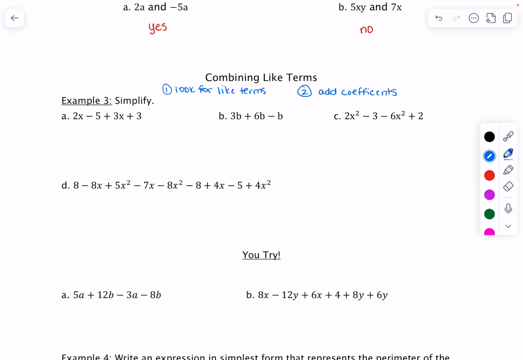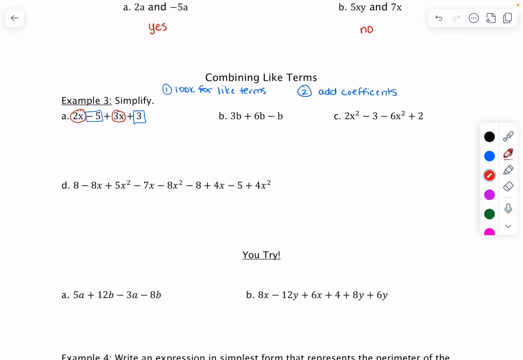So for step one, I'm going to look for my like terms, and I like to use shapes or colors for this. So my like terms in A are 2x and 3x. My like terms are also going to be this -5 and +3. If you're going to use shapes or colors, make sure you highlight or use the same shape with the sign.